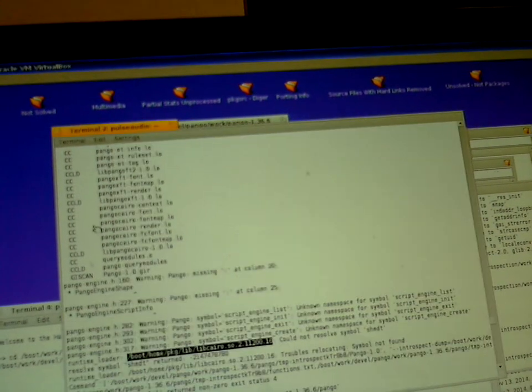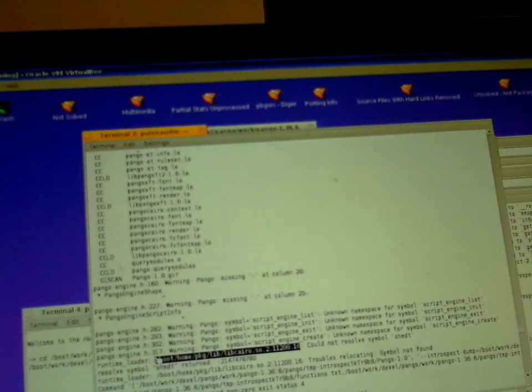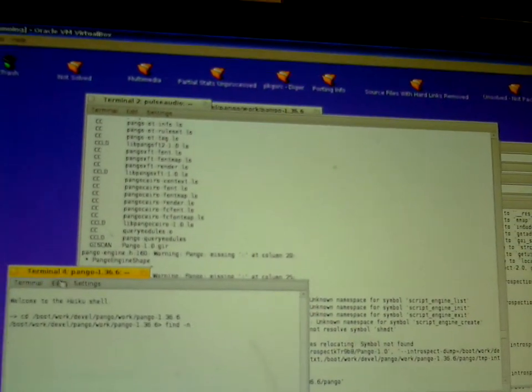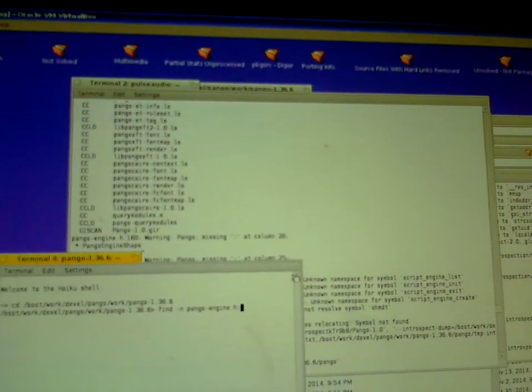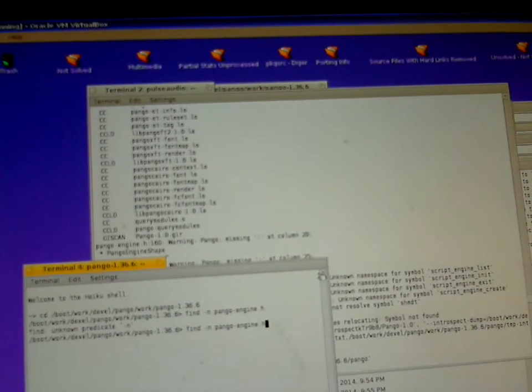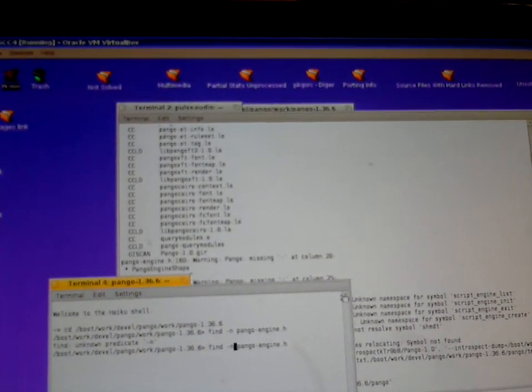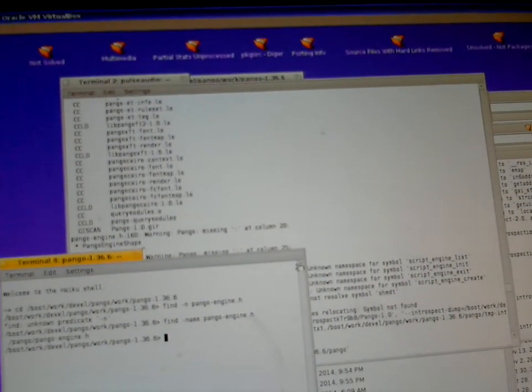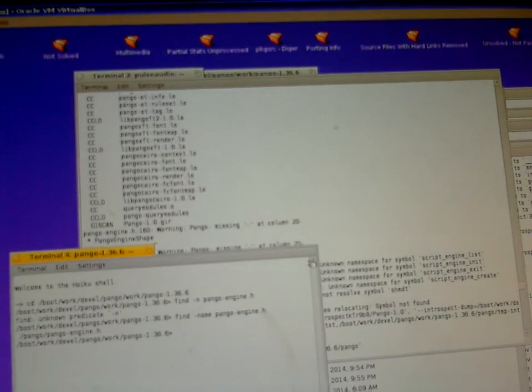what is this thing? Pango, what is it called? It's Go Object Generator. This is the Pango engine. I'm just guessing it might need that header. Name. It's in the Pango directory.